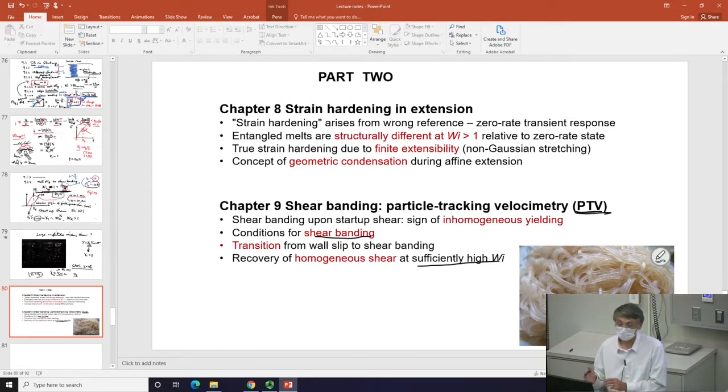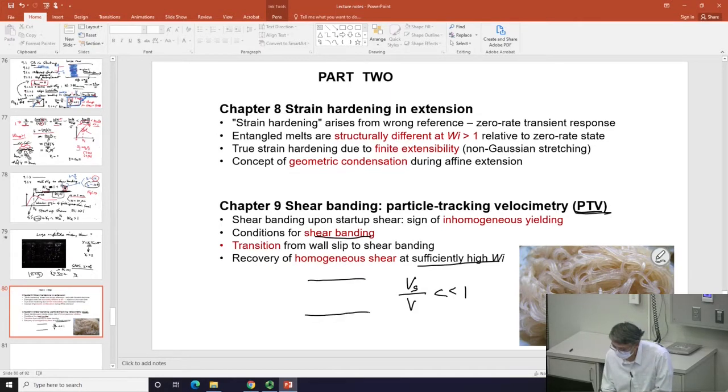mathematically. It's clear that when this is much smaller than 1, you will not have shear banding. And this is not external, meaning it's not at the wall, but rather something we can see or perceive that you have slip internally.